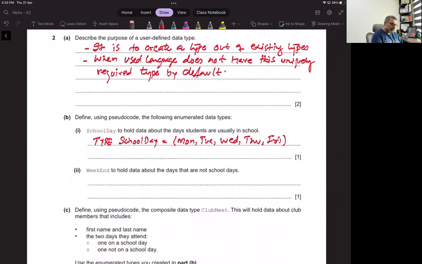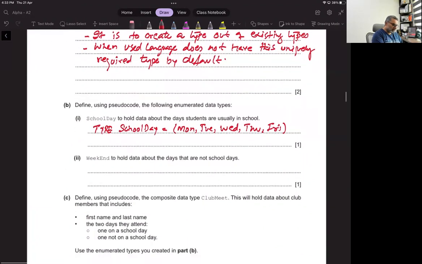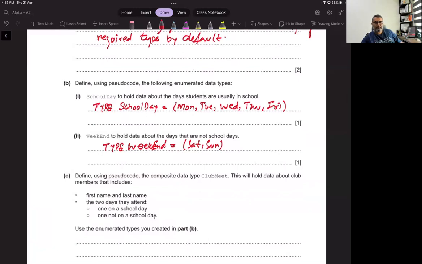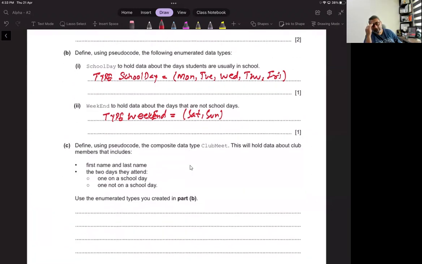Weekend, to hold data about the days that are not in school. So, all right. So type weekend is equal to Saturday and Sunday. All right. So this is our user-defined type for enumeration, as in the list of the values.